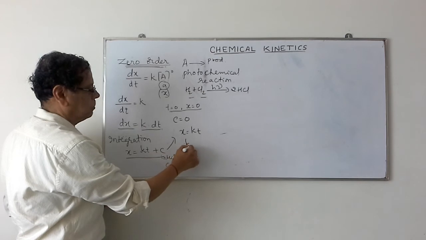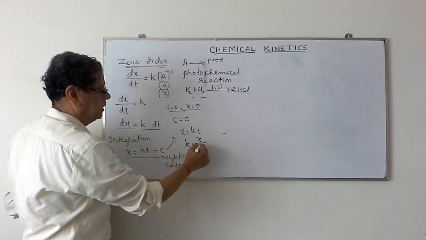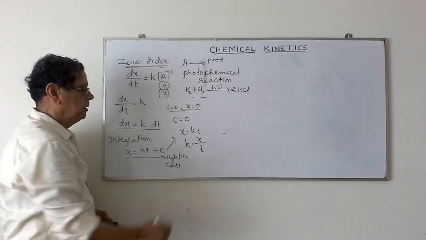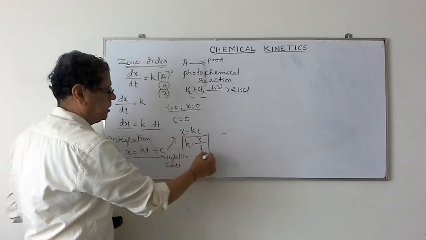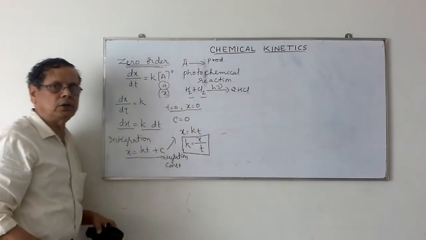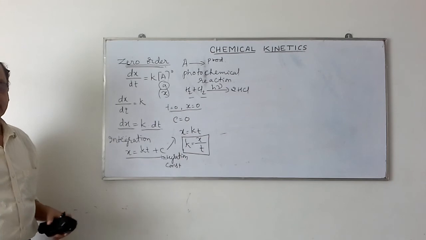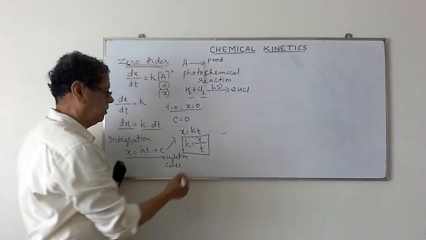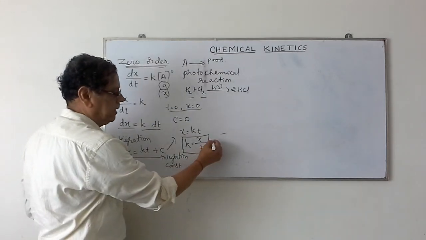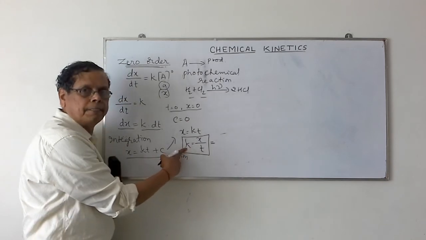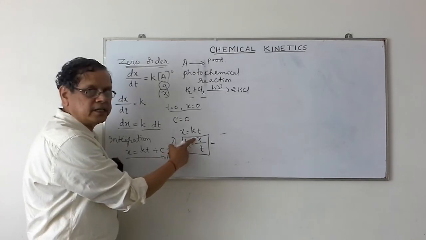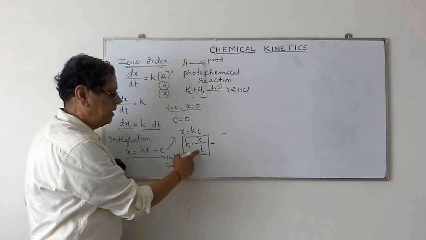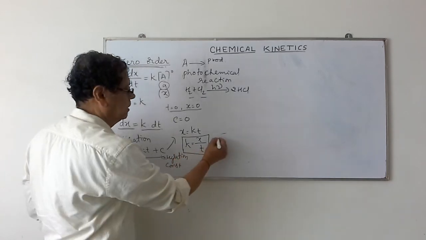Therefore, k is equal to x by t. This is the rate expression for a zero order reaction. I told you in one of the previous videos to write the unit for this k. There is a concentration term in the numerator and a time term in the denominator.